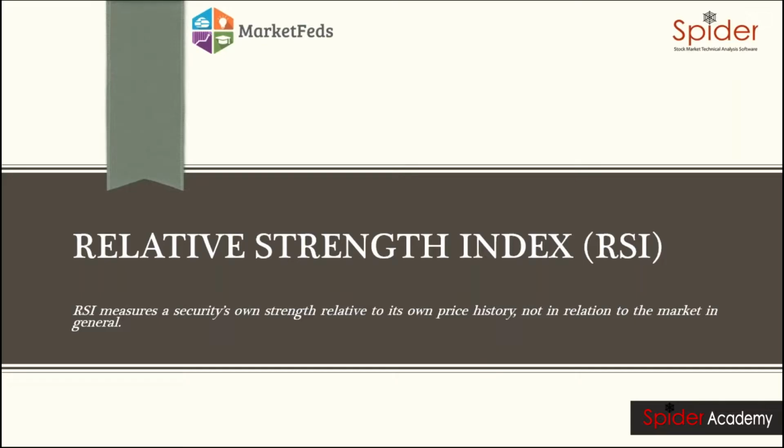Relative strength here means that we are measuring a security or a stock or any price that we have, be it stock or commodity or anything. We are measuring that price strength relative to its own price history and not in relation to any other factor.